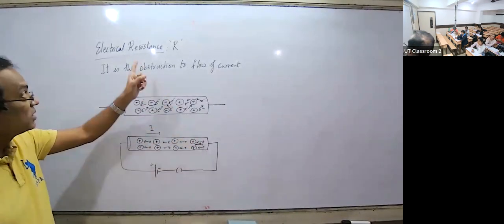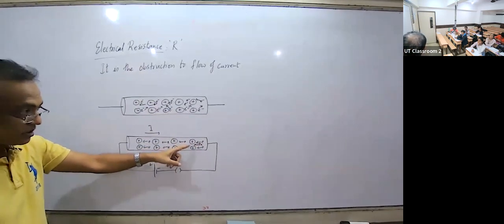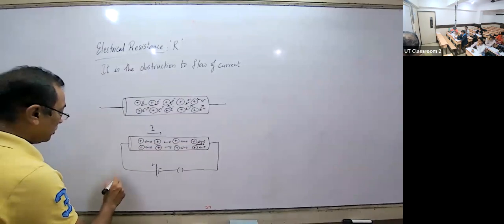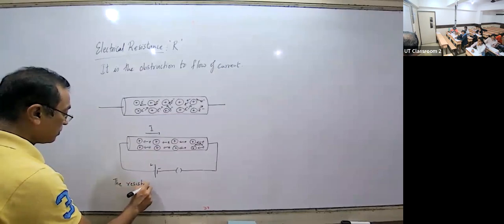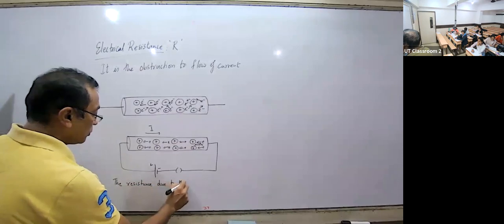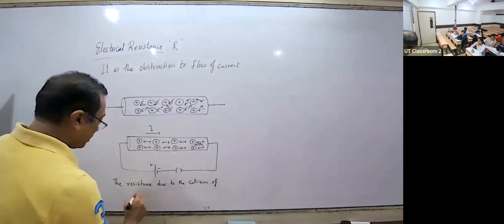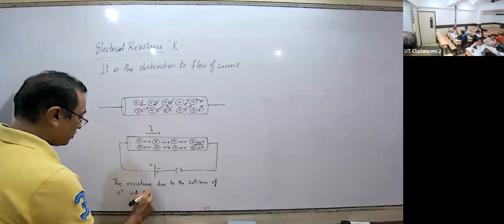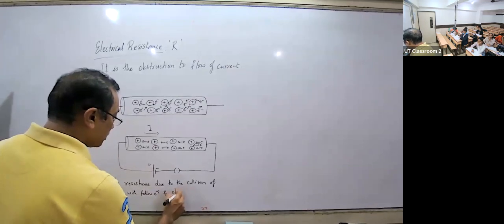So what I'm trying to say is, why is this resistance? This resistance is due to collision of electrons with stationary charges and amongst fellow electrons. The resistance is due to the collision of electrons with fellow electrons and stationary positive charges of the conductor.